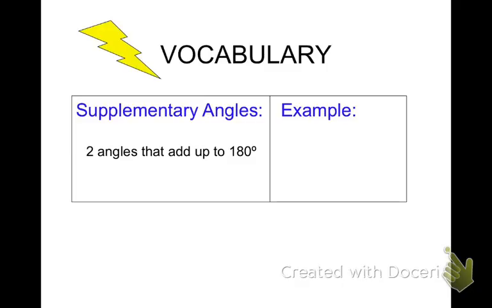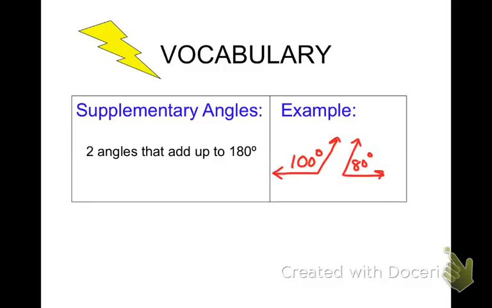All right, so let's do an example. If I have an angle that is, let's say, 100 degrees, we'll go easy. The supplementary angle would be one that is 80 degrees. Good. Okay.